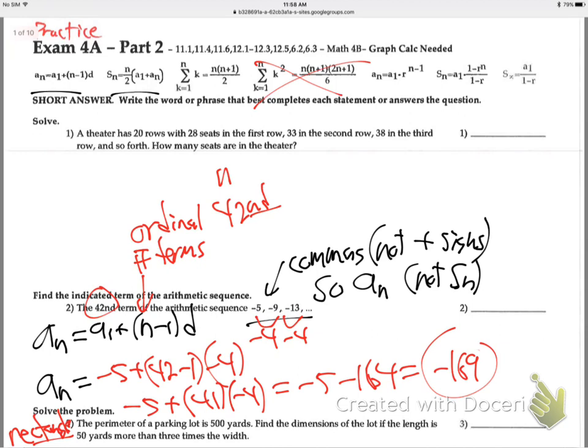It's a rectangle. So draw a rectangle if that helps you, or just think about the formulas for a rectangle. Perimeter. So you need to know the perimeter, or put on your 3x5 card, perimeter of a rectangle formula.